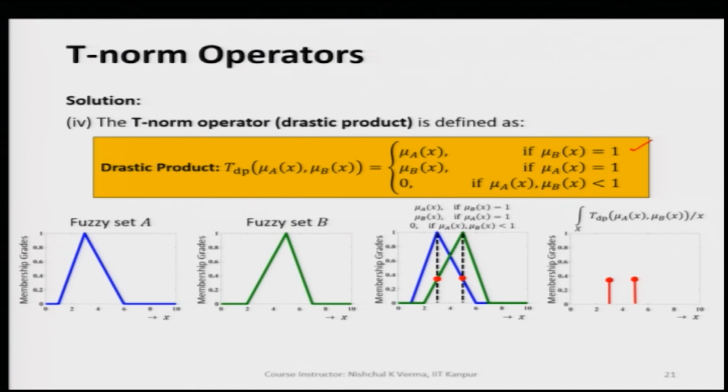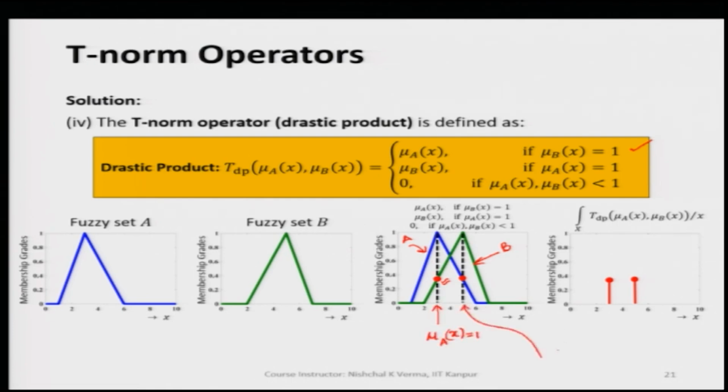We can see here this is our membership function for fuzzy set A and this is the membership function for fuzzy set B. So, we are going to get only this value as the outcome. At this point we have mu A x equal to 1, and at this condition we have mu B x equal to 1.